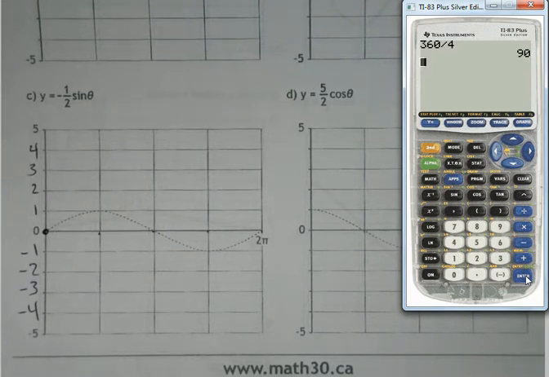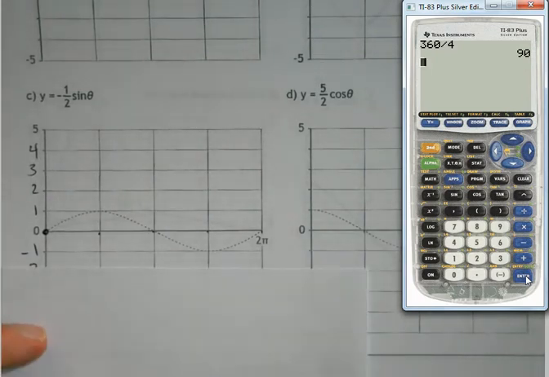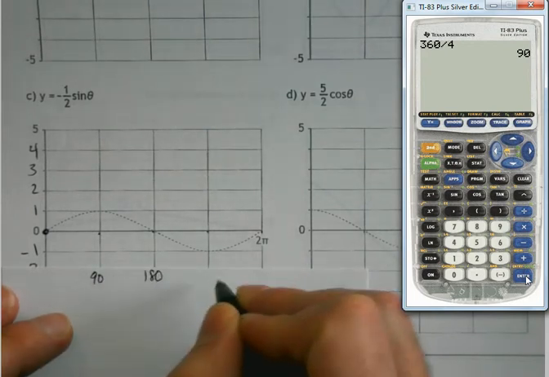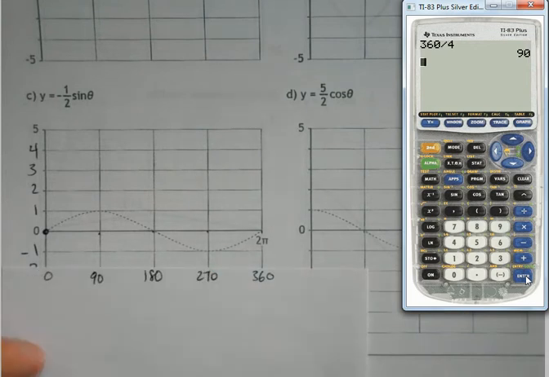But we also talked about the need to talk in Trig's love language, which is radians. So I'm not going to write 90, 180, 270, and 360. I'm going to put them in radian mode. And we talked about a couple of ways you can do that.